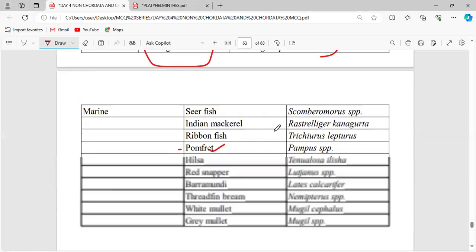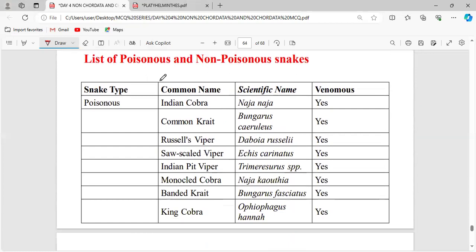Also, I have attached a list of poisonous snakes and non-poisonous snakes. It is very important to read all these. Poisonous snakes: Indian cobra, common krait, viper.